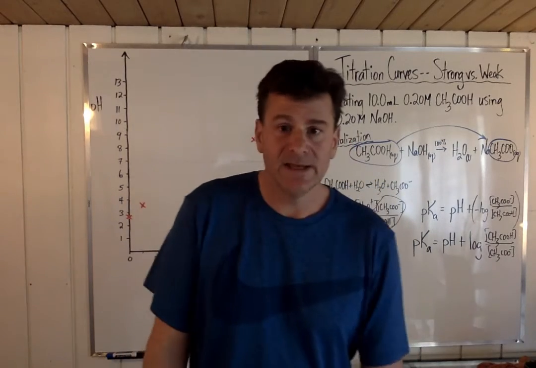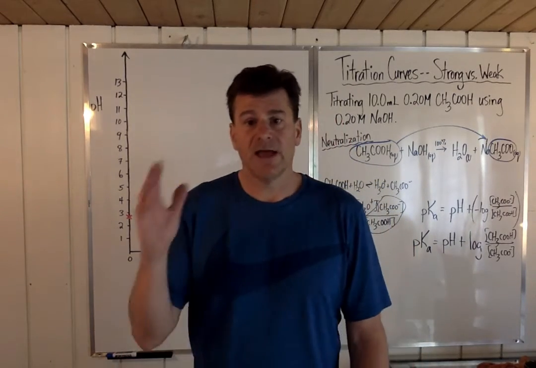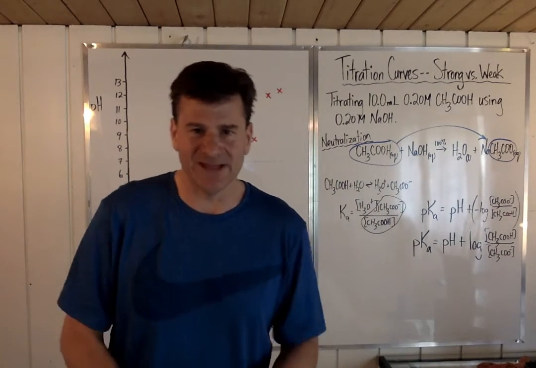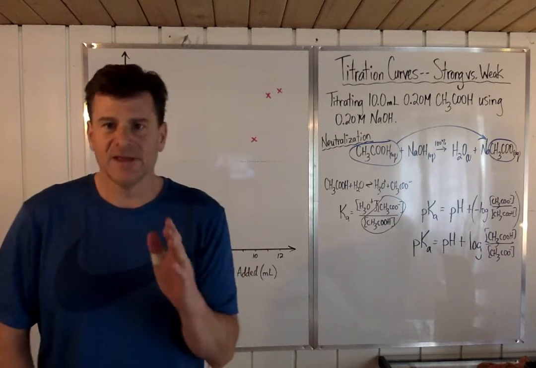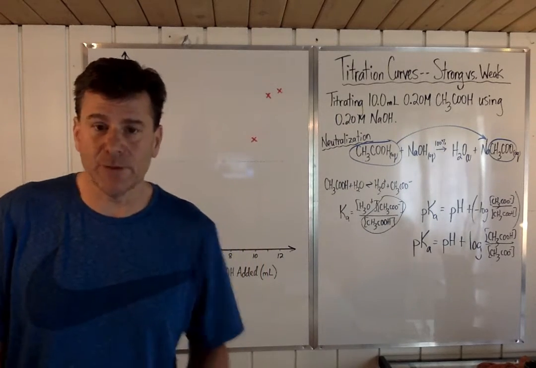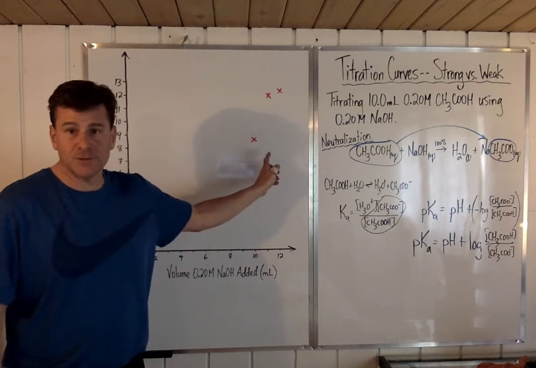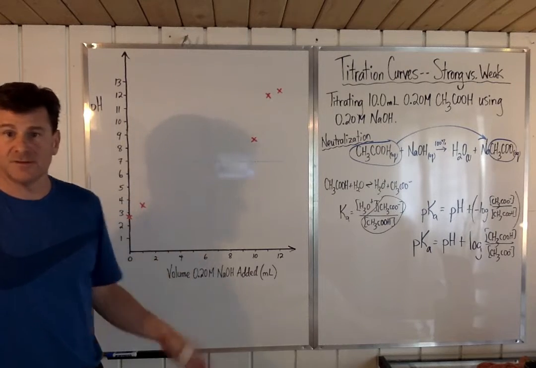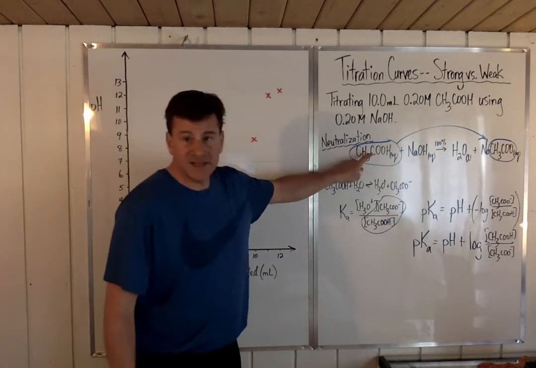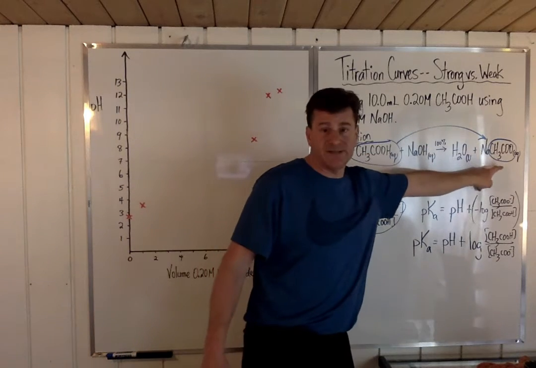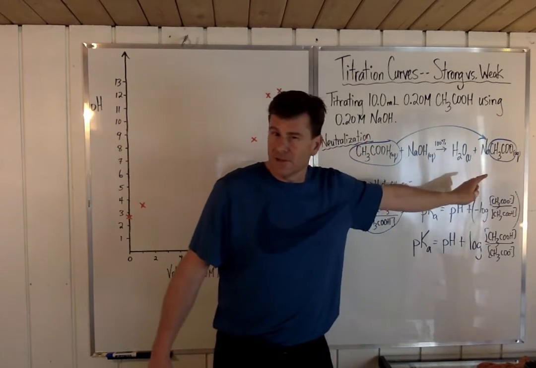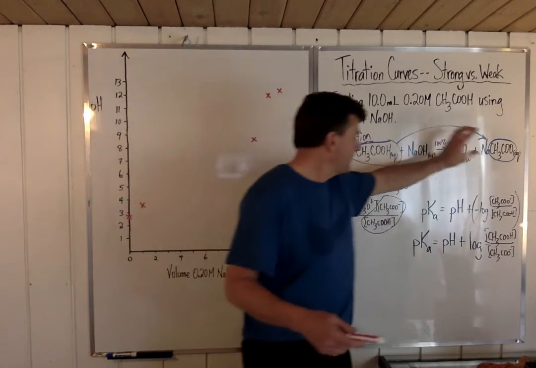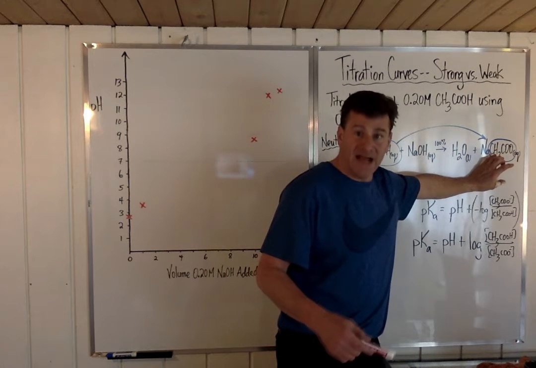Then I calculated the pH at 5 milliliters. At 5 milliliters, that is exactly halfway to equivalence, since 10 mL was equivalence. Halfway at 5 milliliters of base means I've taken half of this and converted it into that. Logically, mathematically, that means the amount of this remaining equals the amount of that that's been added.